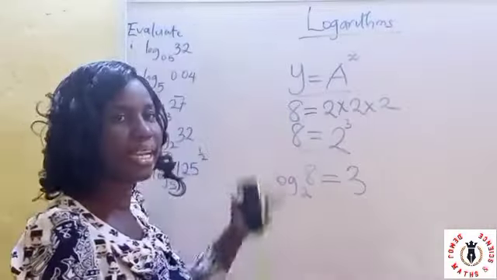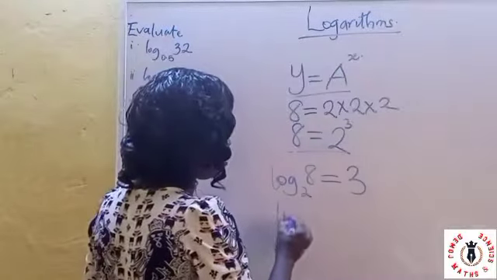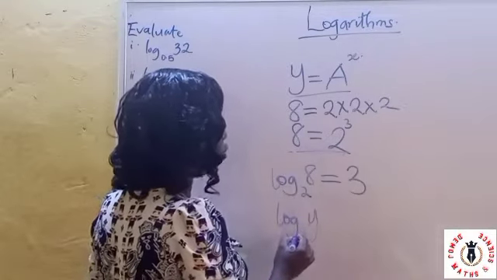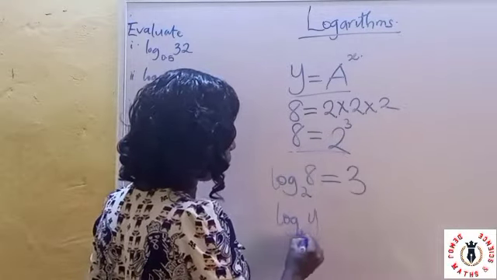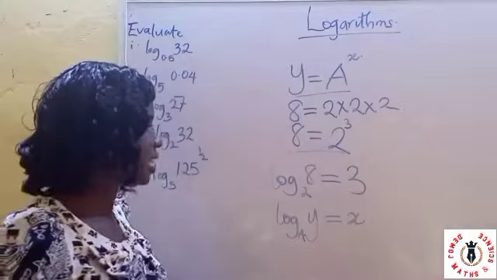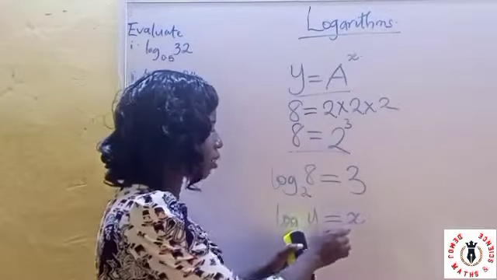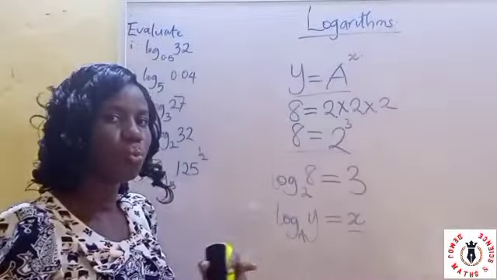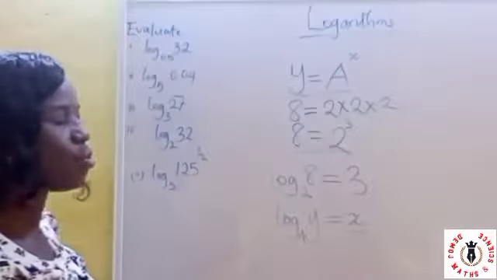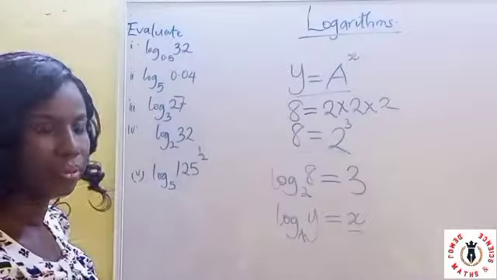The same way we can express any ordinary number as log of y to base a is equal to x. So we can see that the logarithm of an ordinary number is actually the power to which the base is raised. So let's evaluate these logarithms up here.